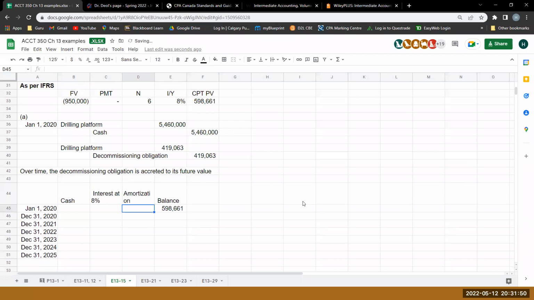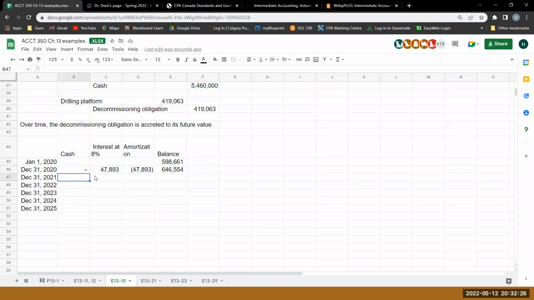Every year, we're going to charge interest at 8%. So first year it'll be 47,893. Since there is no cash, the interest will be added to the balance. So amortization would reduce the balance of the liability. Since we're not paying any of the amount in cash, the negative amortization results in the liability going up.